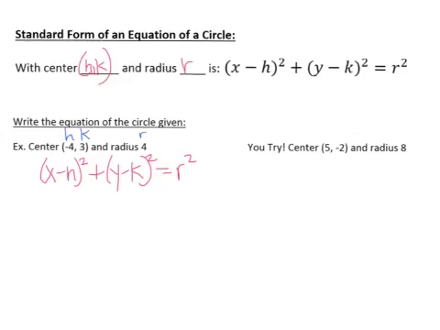So filling this in, x minus negative 4, minus a negative will make it positive, squared, plus y minus 3, that quantity squared, is equal to radius squared. So if r is 4, then 4 squared will be 16. So here's the equation of the circle.